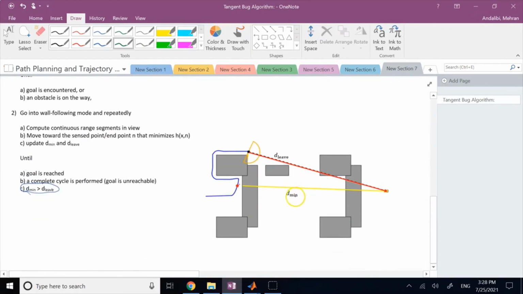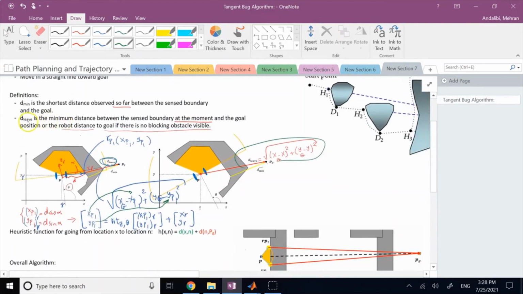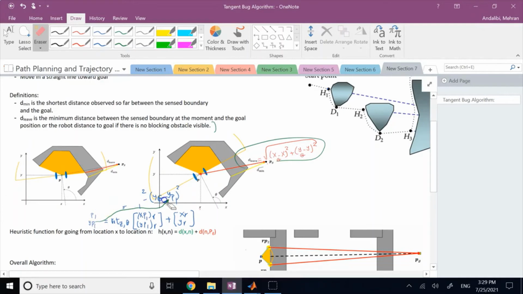So it's better to compare the distance from boundary to the goal and boundary to the goal, not robot to the goal and boundary to the goal. So we typically go with the first definition, although we can also go with the second, but here I explain both of them. What's the meaning of each one of these two different definitions of the leave, or as I said, in some literature you call it the reach.